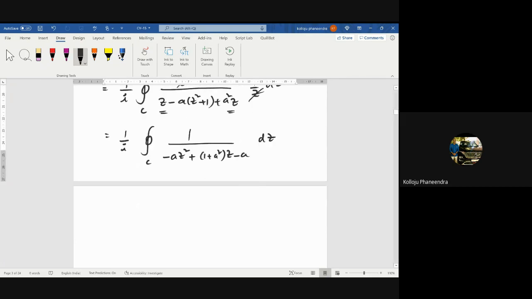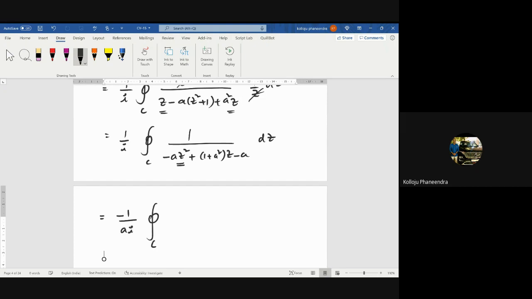Now always remember, this is a very important point: in this quadratic expression, make the z square coefficient always 1. So minus a is common.